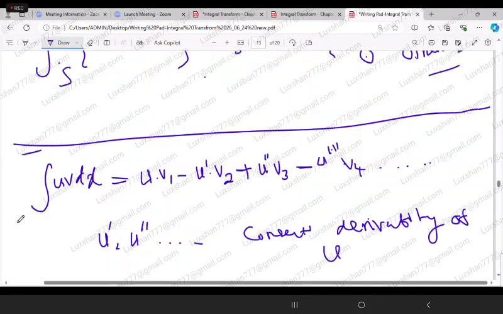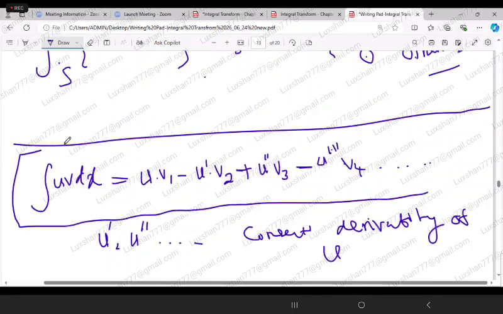This is a very useful thing. You can extend it for any number. You don't need to do it part by part. You can continue until one of these u derivatives becomes 0. Plus and minus alternate.